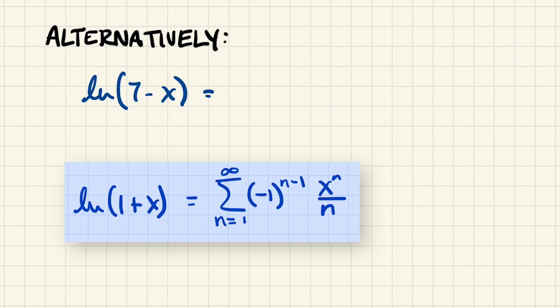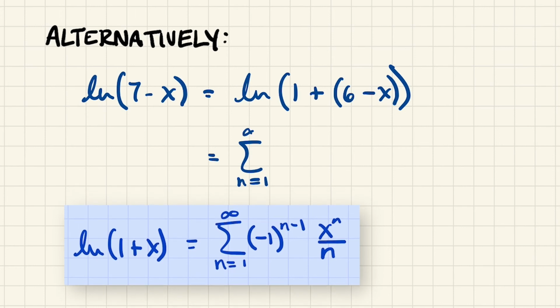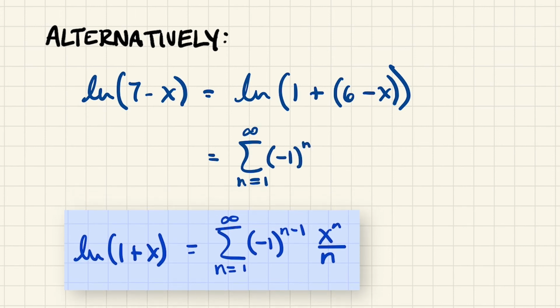Well, why don't we just write this as ln of 1 plus 6 minus x. So now it's in the form of ln of 1 plus stuff, and of course no one would disagree that this equality holds. So what would that give us? Well, that would give us the sum from n equals 1 to infinity of negative 1 to the n minus 1, and then that stuff, which is 6 minus x to the n, all over n.